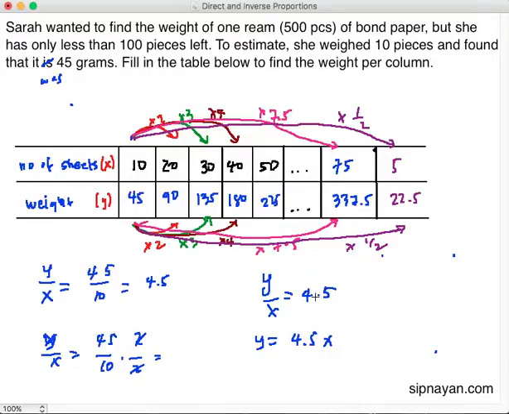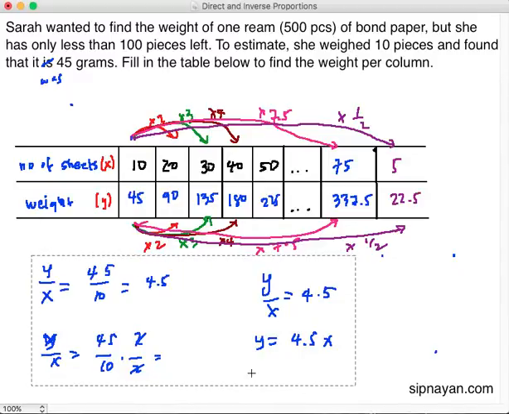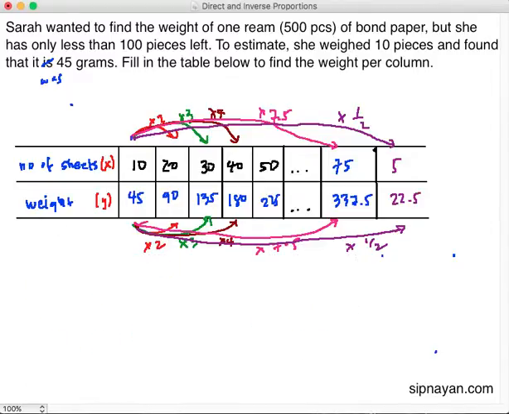Ang tawag natin pala dito is constant number. Constant number in a proportion. So, the constant number in a proportion, anong nare-represent niya?